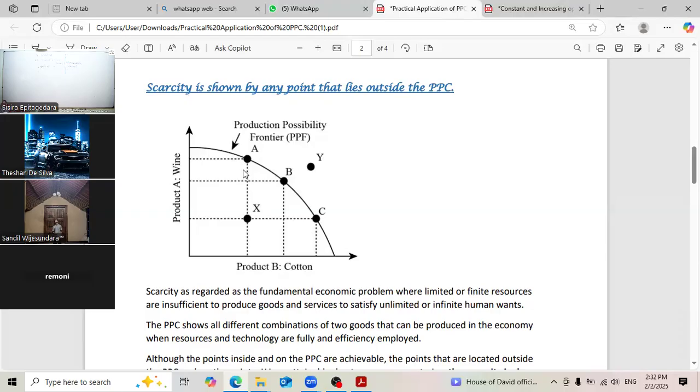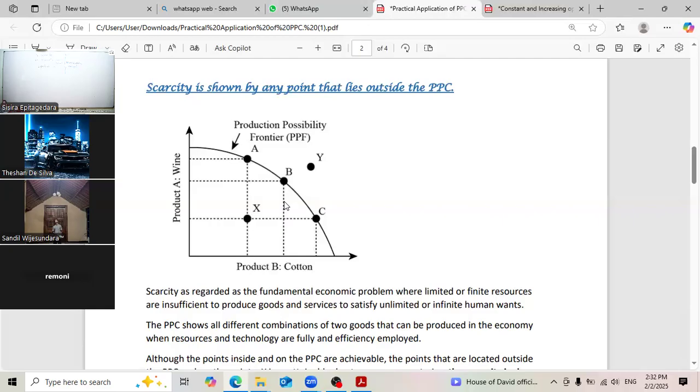Can this economy achieve these 3 points, Sigma, A, B, C? Yes, Lamai. And also X. X is inside the curve.